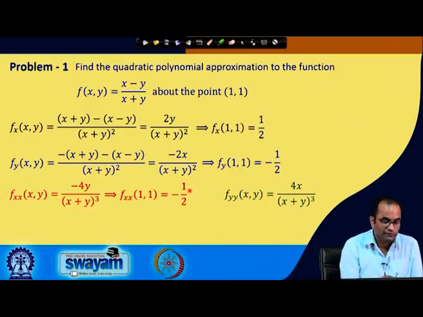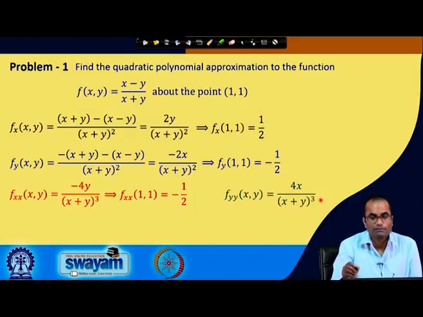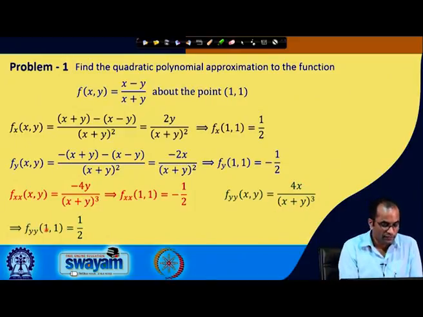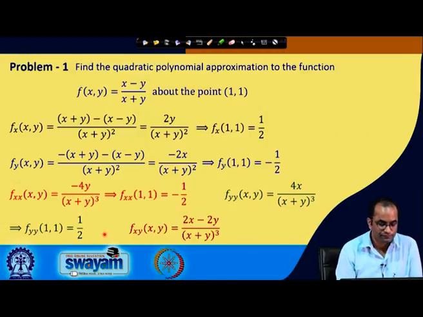Similarly, f_yy, when we differentiate this with respect to y, we will get here 4x over (x plus y) cube, whose value at (1, 1) is again half. When we substitute x and y as 1, 1, we will get half there.